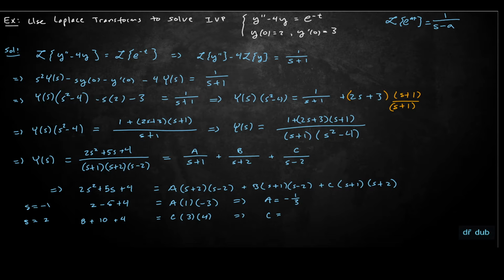Let's see, I screwed that up. 18, 22, 12. s equals 2, 3, 4, 12. Two times 2 squared, 10, 4. Looks right. So C is going to be 22/12. And somebody help me out. Doesn't feel right. Feels like I'm missing something.